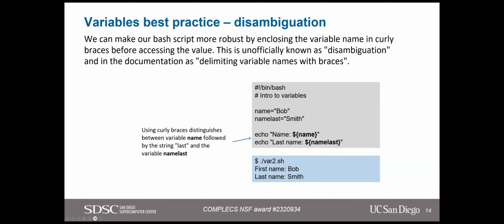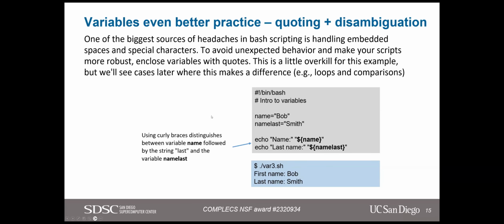This is very similar to what we had before. We have Bob and Smith, and we're going to echo Bob, and then we're going to echo Smith. To be even more particular, again, this is a little bit overkill, especially for this very simple example, but because Bash is so sensitive with spacing and special characters, to make it super defined and make sure there's no ambiguity, we can add quotes as well.